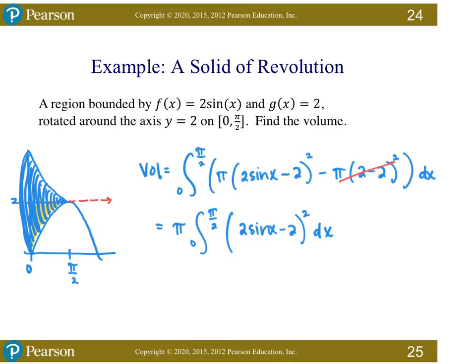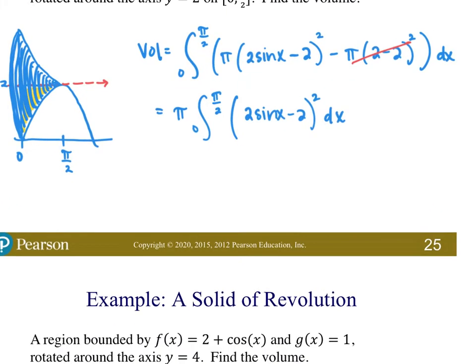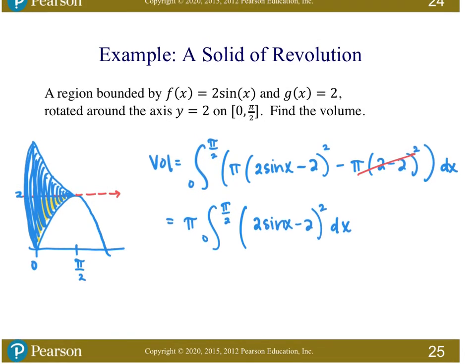So suppose in a different question, the axis of rotation was a little bit higher. Suppose the axis of rotation was at y equals 3. Well, what changes about this problem? Not a whole lot. The only thing that changes is the value of the axis of rotation.